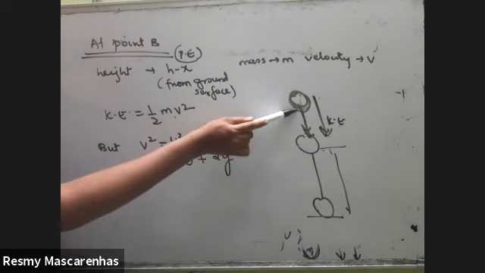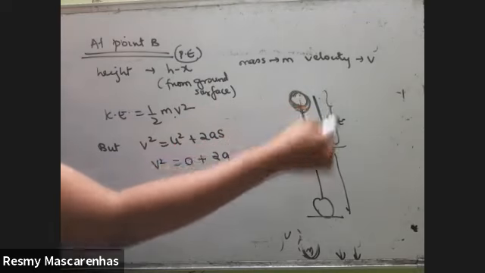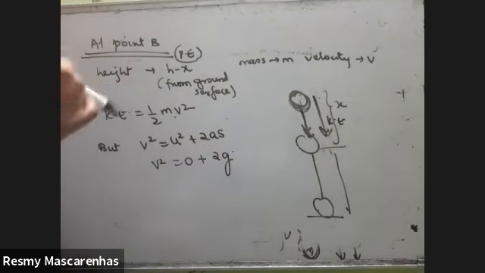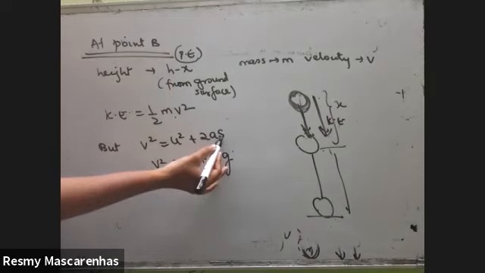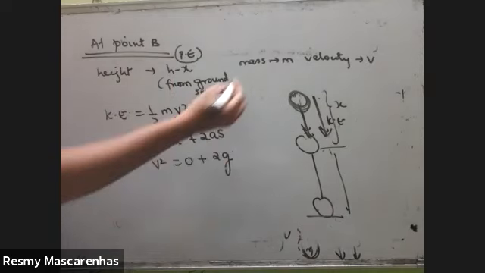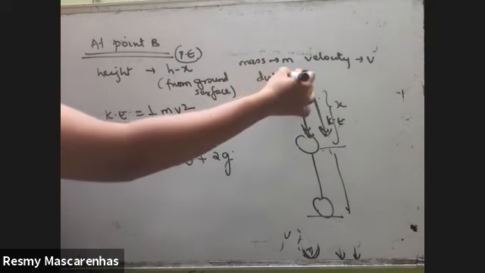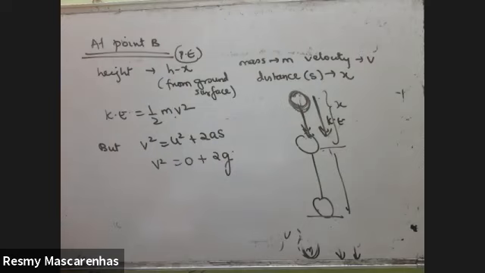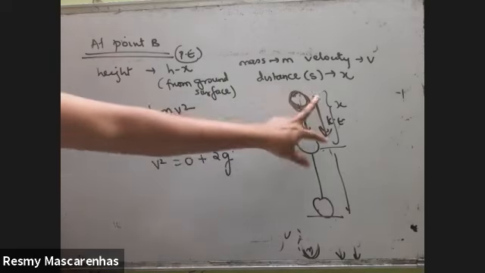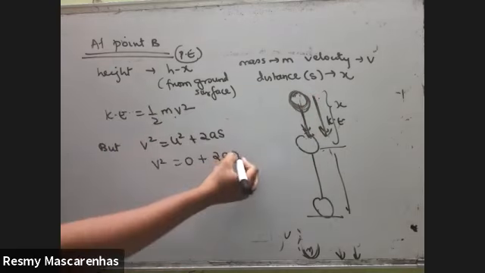This was the initial starting point and here it ended. So this distance would be x for the kinetic energy. This is the distance covered, not the height. So the distance covered by the body is x and the height is this. That's the difference. So this s is nothing but the distance.